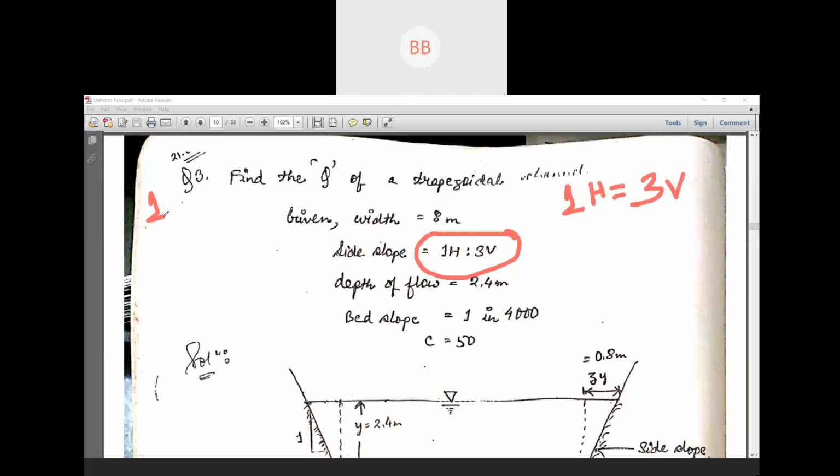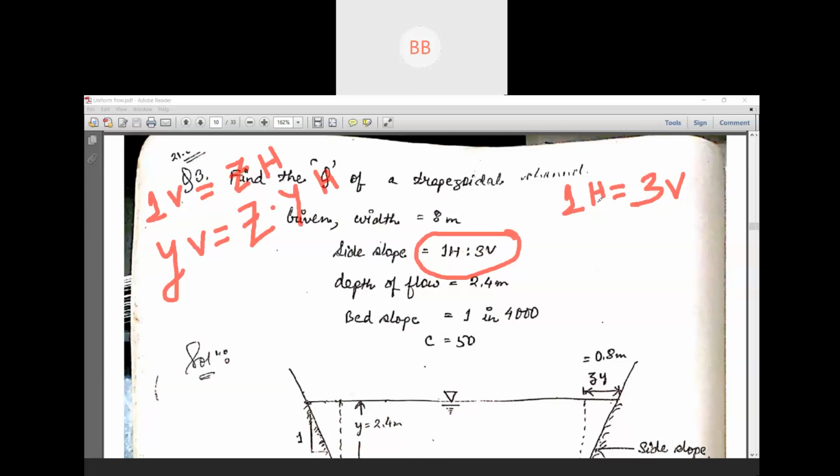So we all know one vertical is equal to Z horizontal, and Y vertical is equal to Z multiplied by Y horizontal.